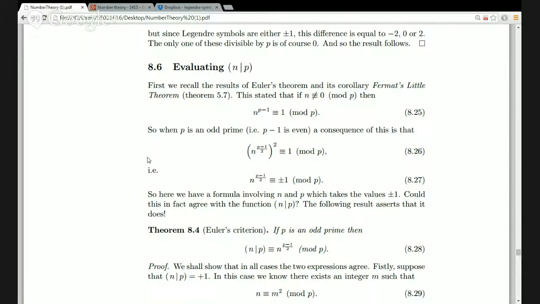So the question is, are they in fact the same indicator? This is, if you like, a little indicator function which produces an answer plus or minus 1 on n, but the Legendre symbol is as well. So what theorem 8.4 is saying is just that they both agree, that they are the same kind of indicator function.